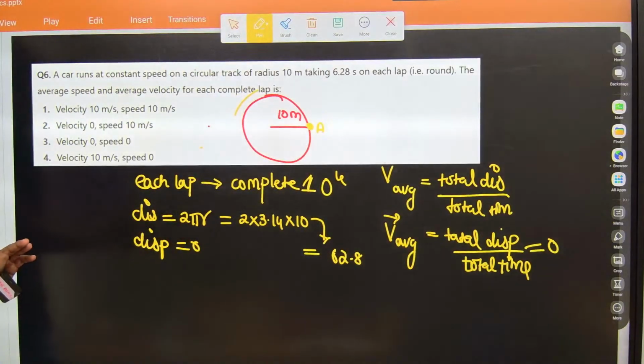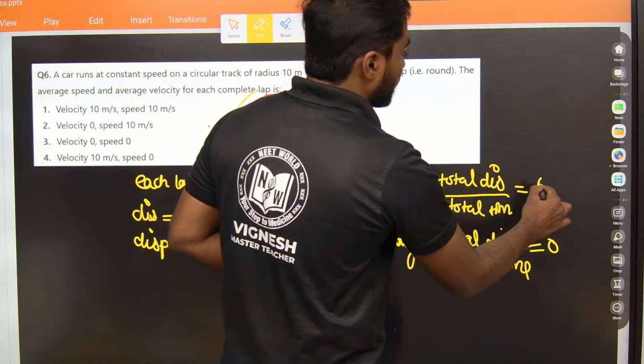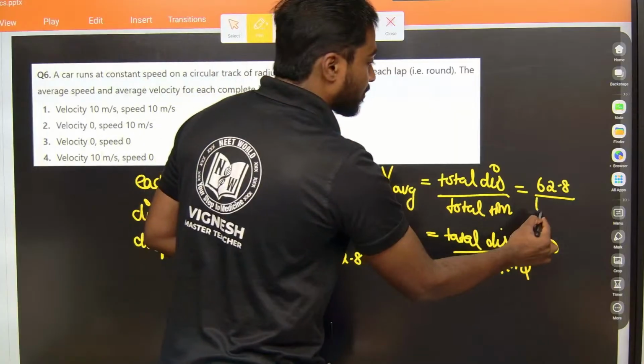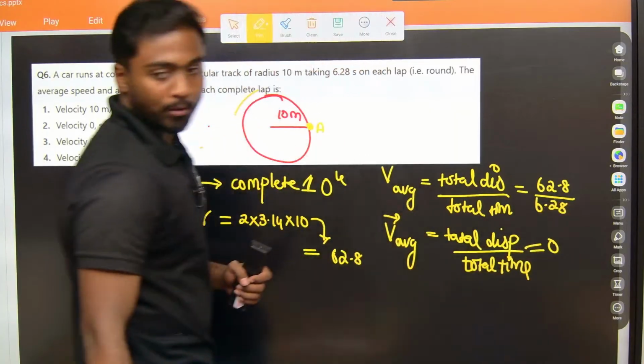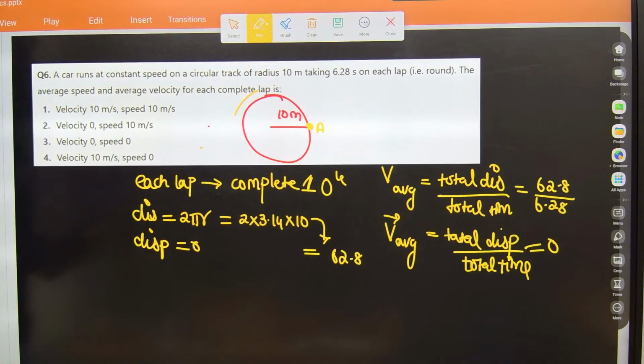So for average velocity it is 0, but I need to find what is average speed. So distance is 62.8 and time is 6.28 seconds. When I do this calculation, I will get the answer as 10.